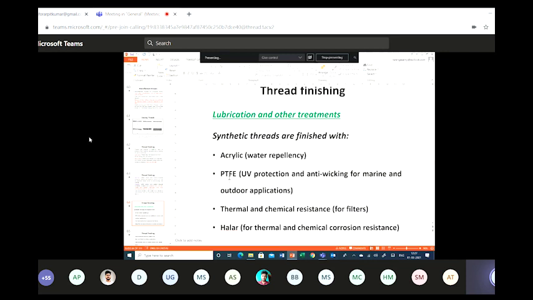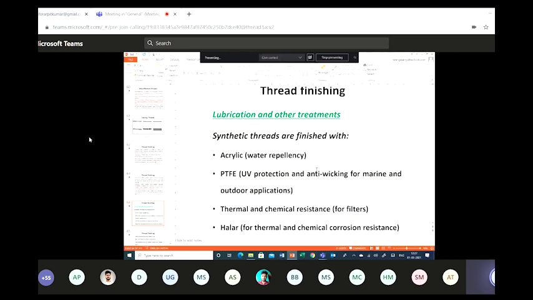Another is polytetrafluoroethylene. It is very good against UV light, and it has extremely low surface energy among all the polymers. So it is very hydrophobic, and because it is very hydrophobic, it is very anti-wicking.